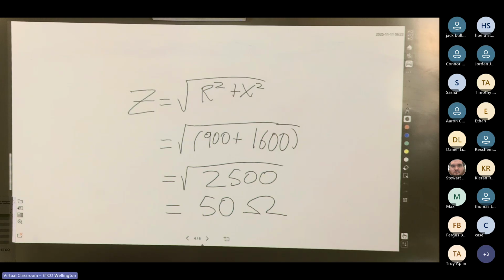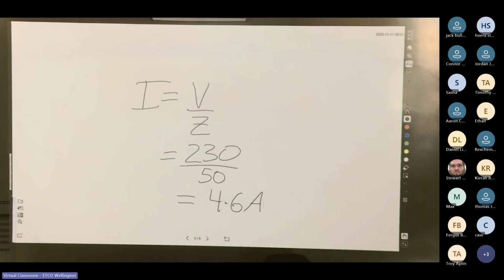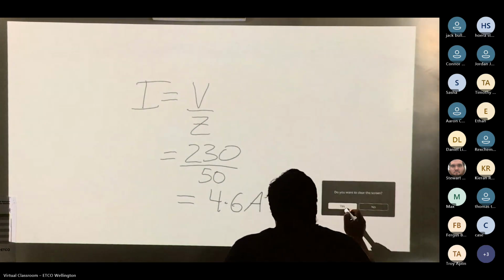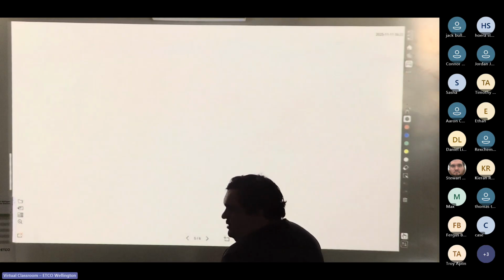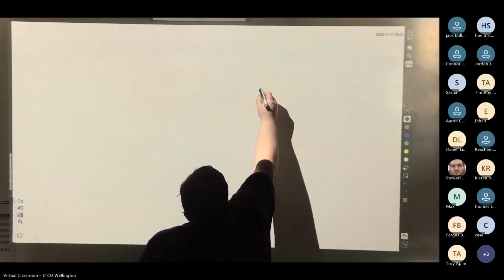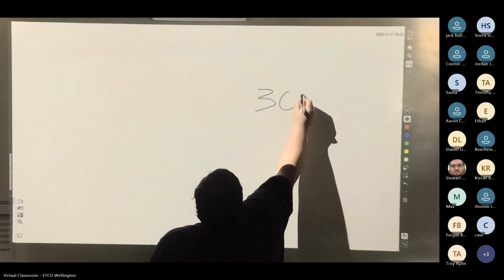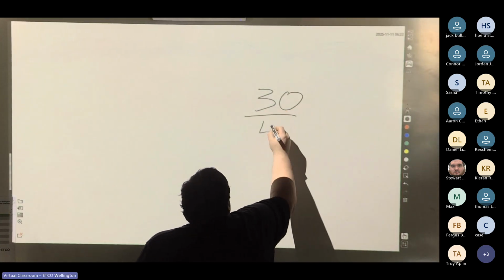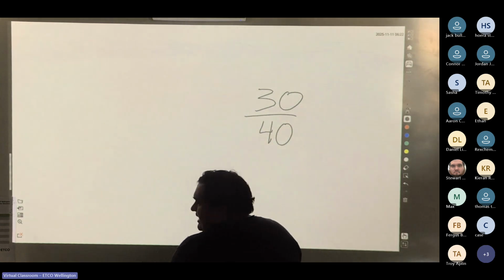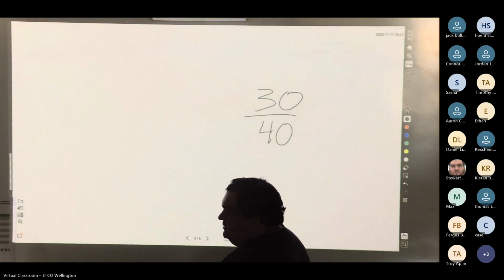So now we can figure out our phase angle. We're going to take our resistance of 30 and we're going to divide it by our impedance of 40.